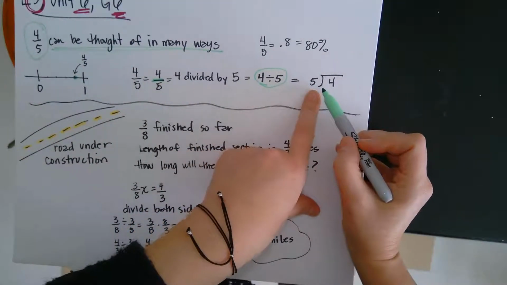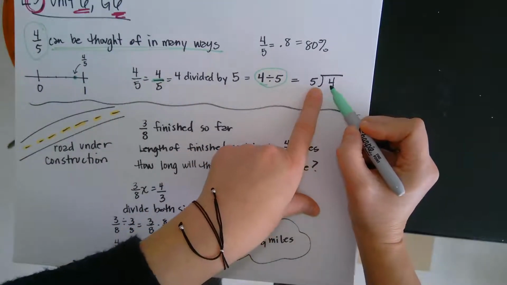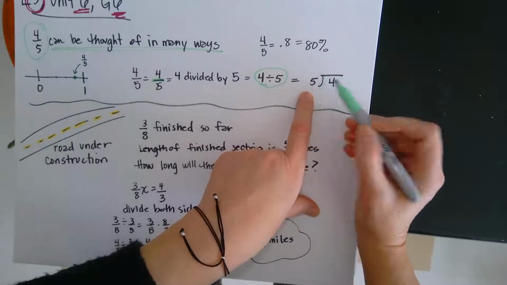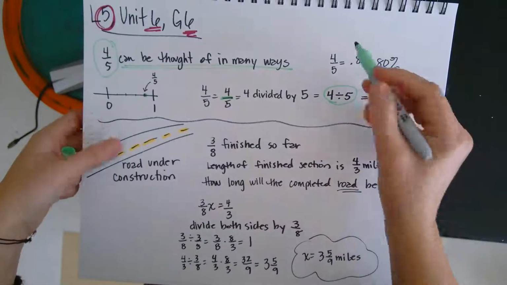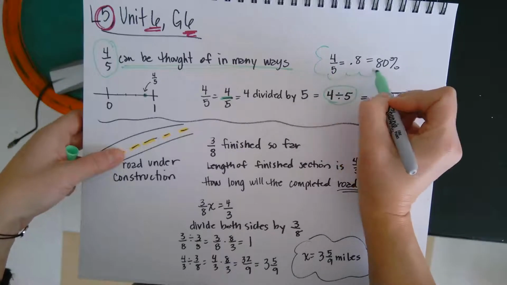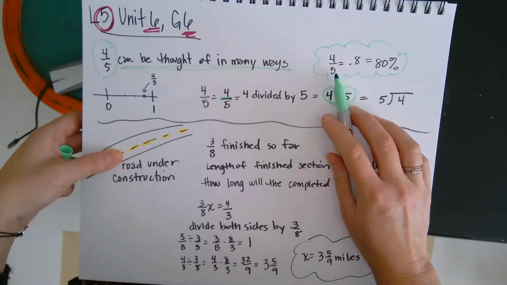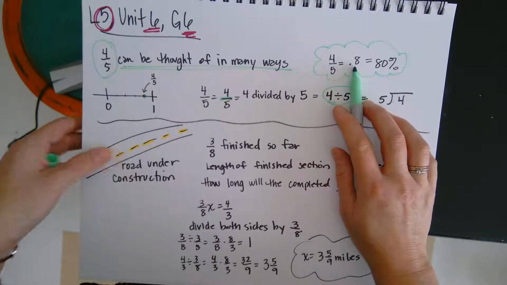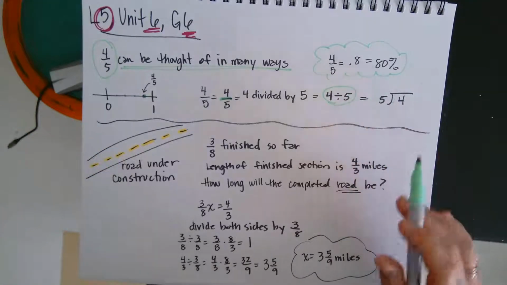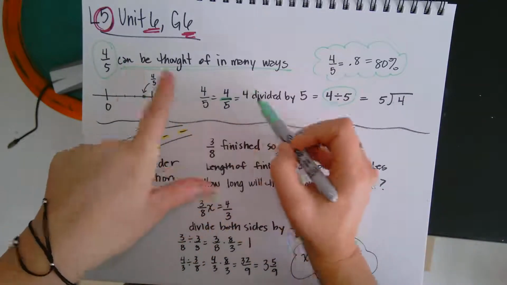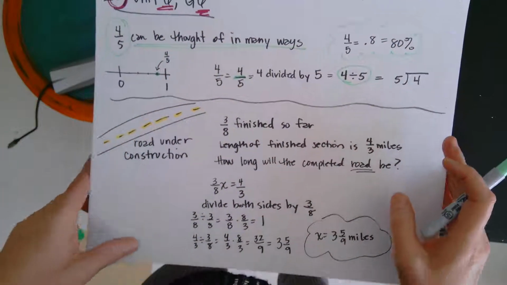If we write it using the long division method, we put our 4 inside the division sign, 4 divided by 5. And then, of course, you know from memorizing your fraction decimal percent equivalents that 4/5 can also be thought of as its decimal equivalent of 8/10 and 80%. So I just think that's an interesting thing to note. Look at all the different ways we can think about 4/5.